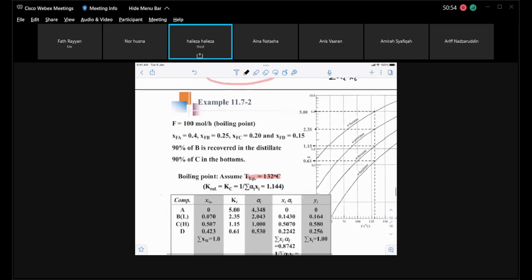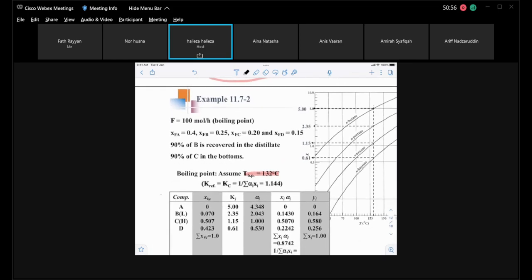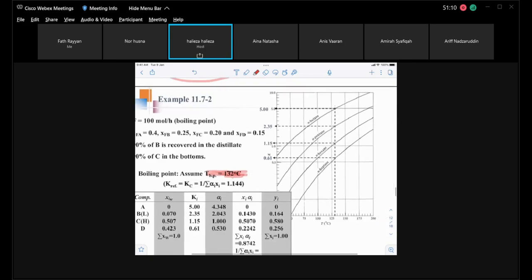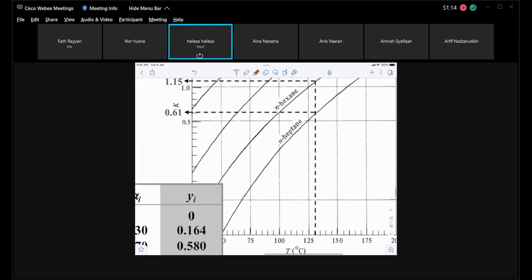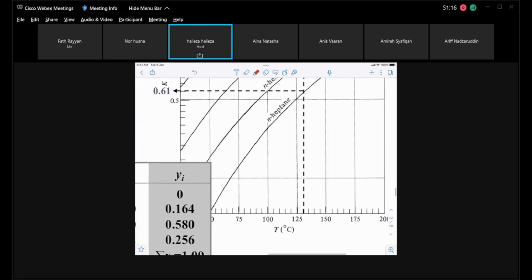Okay, so now, because it's a trial and error method, I will assume a temperature. So I will assume that this is my temperature, which is 132. That's my boiling point temperature that I assume. Okay. So at that boiling point, 132, if I use the graph to find 132, where is 132?